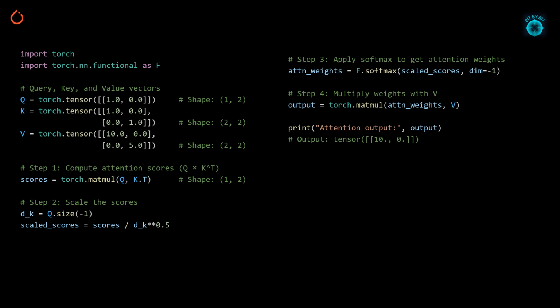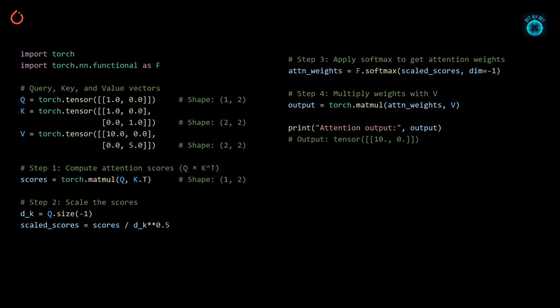The keys are like labels or identifiers for the available input information. Each key represents part of the input, like a word or feature, and is used to compare against the query. The model uses the query to ask, which of these keys is most relevant to me right now? The values are the actual information the model wants to use. Once the model decides which key is most relevant, it selects the corresponding value.